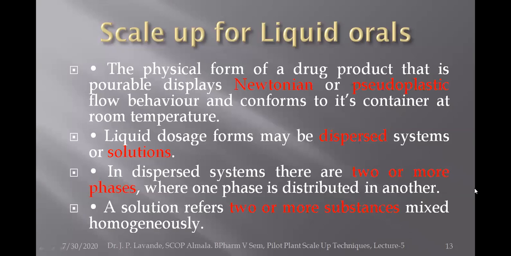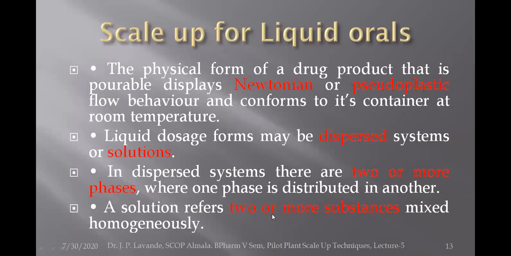So that is the dispersed system and the solution. In a dispersed system there are two or more phases, where one phase is distributed into the other, like suspension and emulsion, in which the particles and the liquid are suspended and dispersed respectively.